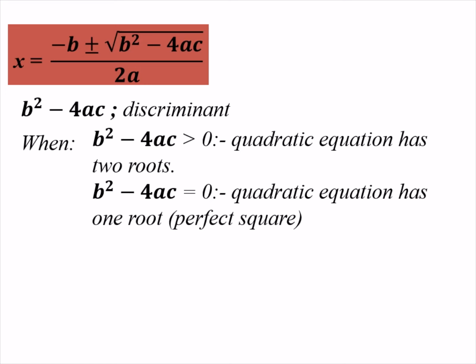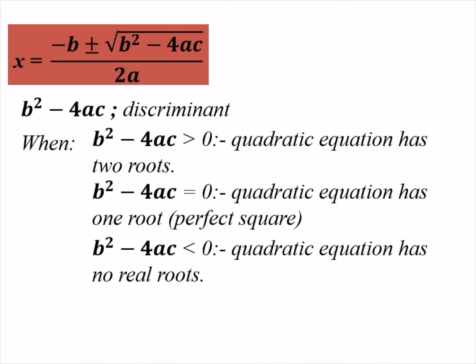That means it is a perfect square. So when you find the roots of a perfect square using the quadratic formula, it will always be one root. And when the discriminant is below 0, then the quadratic equation will have no real roots, because we cannot find the square root of a negative number, unless at a higher level where we use i.